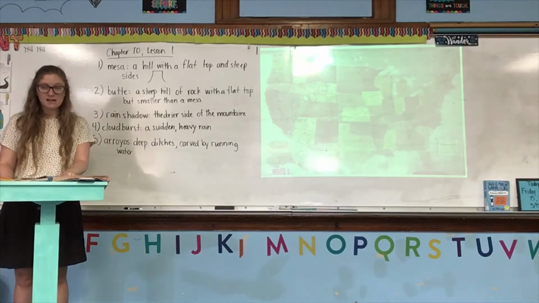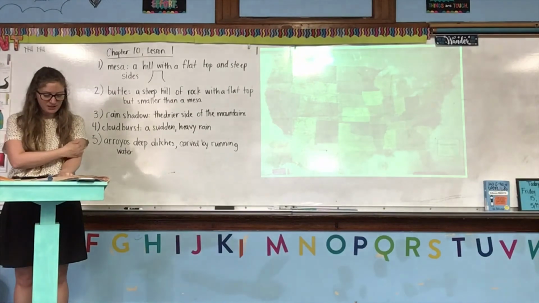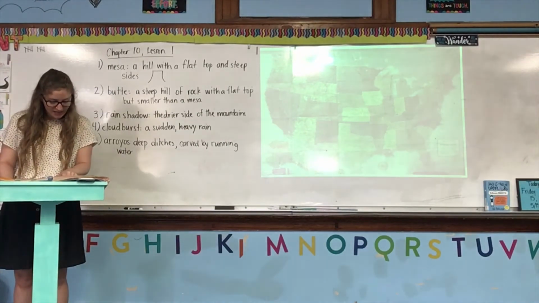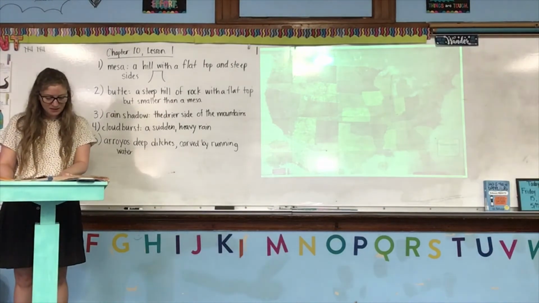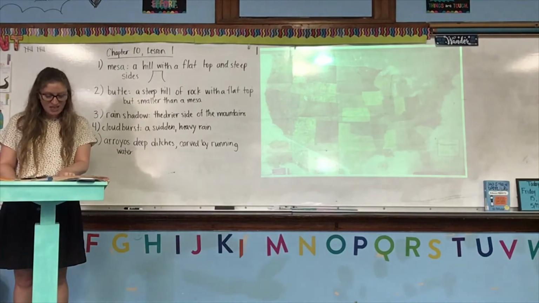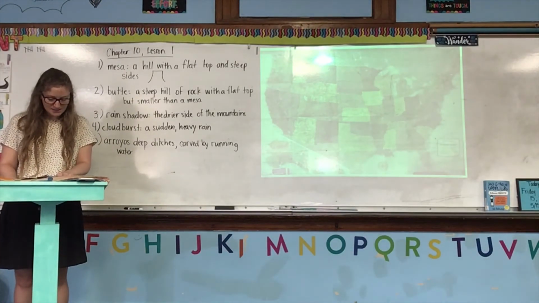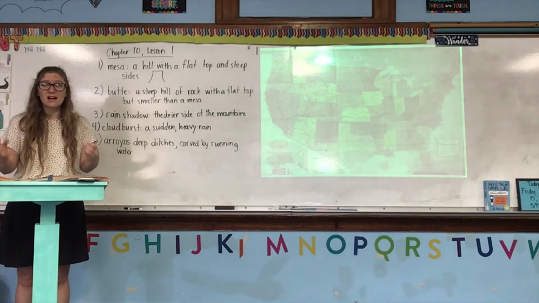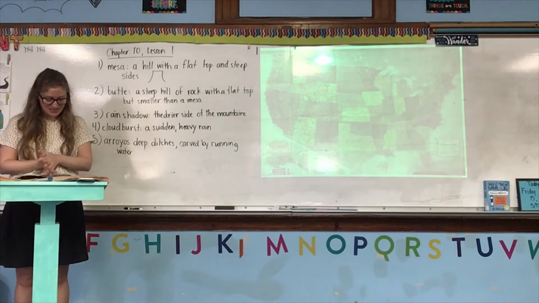Number 5 is a roadrunner. We read about those earlier in the year. Number 6 is the barrel cactus. Oh, there it is down at the bottom. Those are shorter, wider cactuses. Number 7 is the prickly pear cactus. And then number 8, we have a tarantula. So there are lots of animals and plants in the desert.